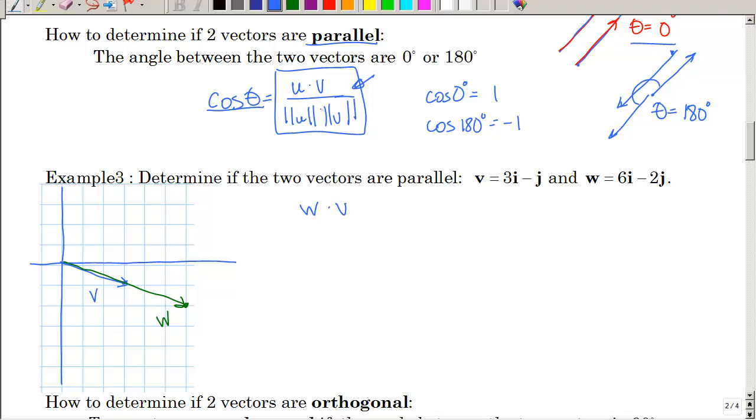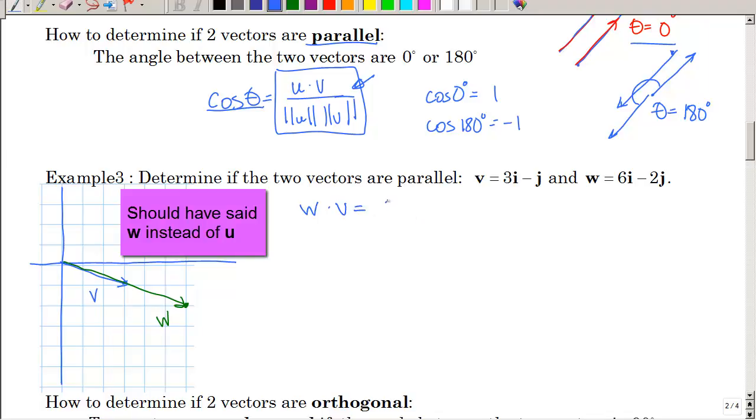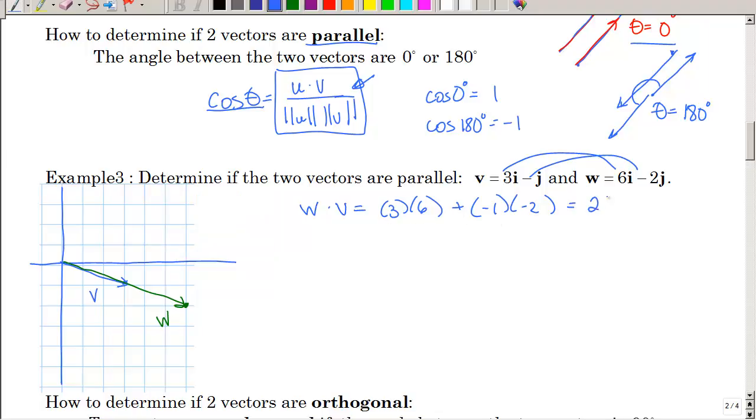Let's just go through the math. So I want their dot product. u dot v is 3 times 6, remember multiplying the i components, and then multiplying their j components. So that's 18 plus 2, that's 20. The magnitude of v would be the square root of 3 squared plus negative 1 squared, which would be the square root of 10.